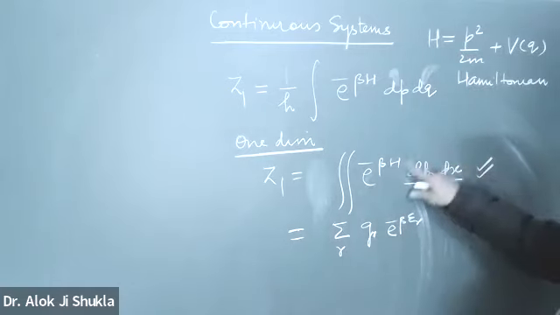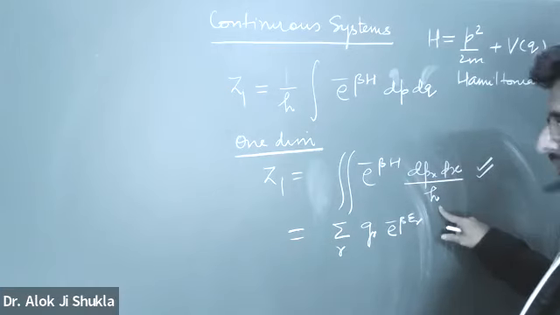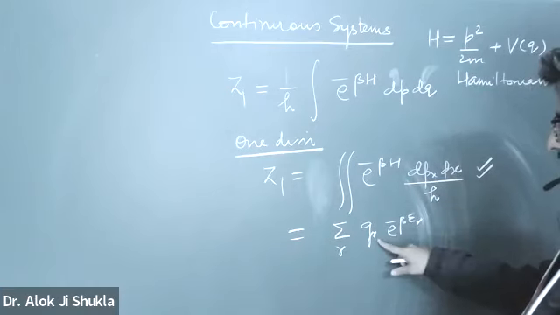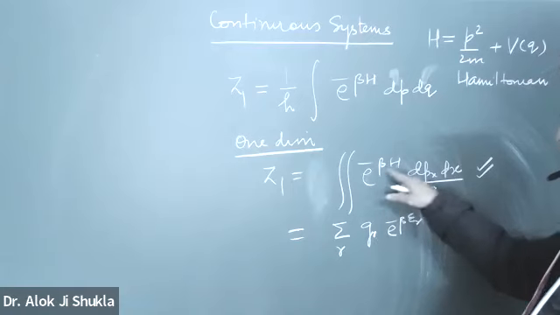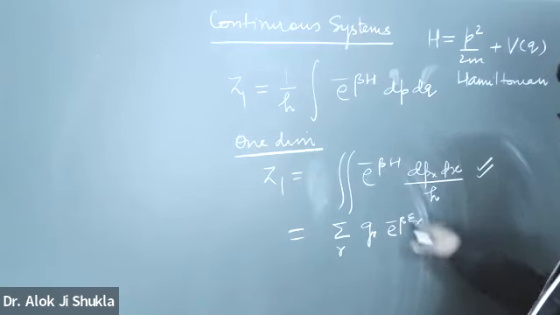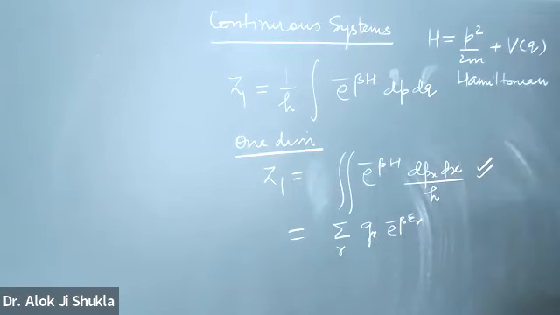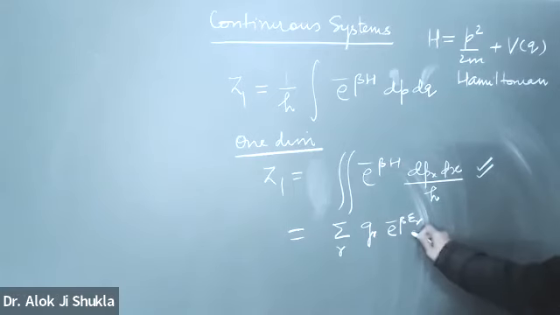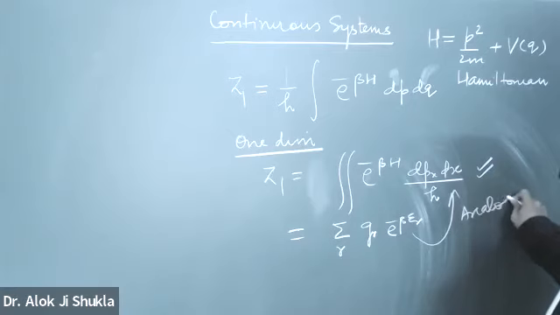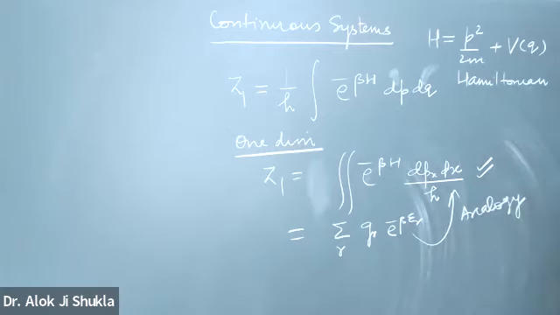So this is number of quantum states, dpx dx by h corresponding to gr, and this is e to the power minus beta H corresponding to e to the power minus beta er. So from here also, by analogy, you can write how it becomes this.